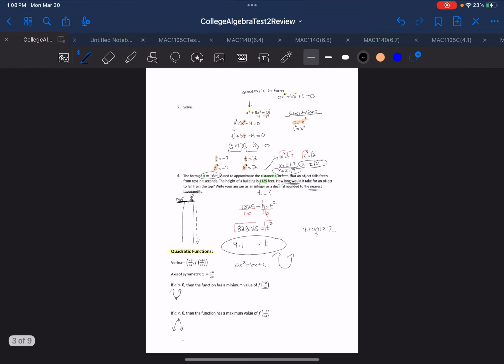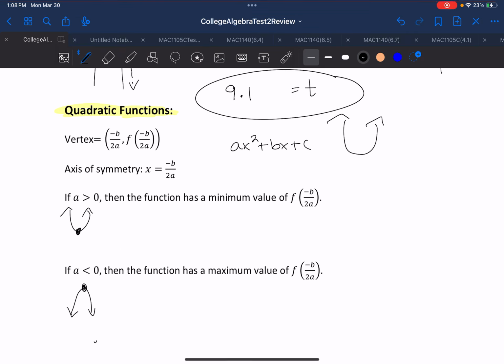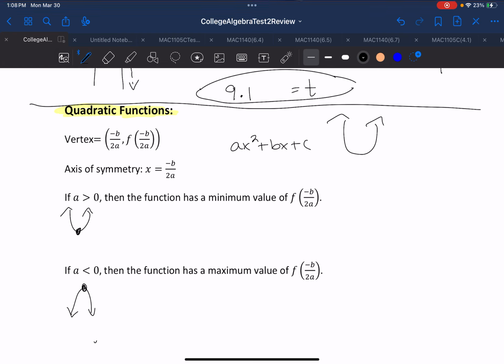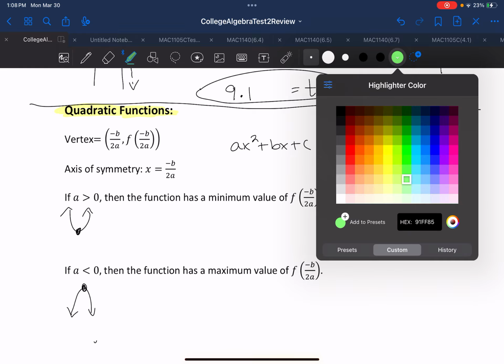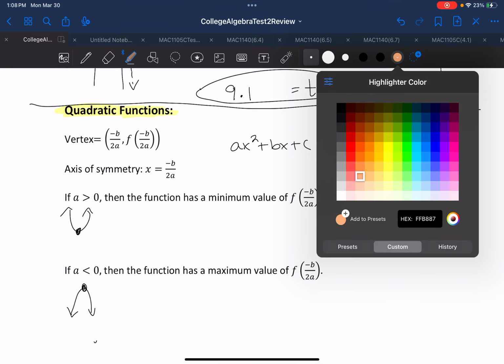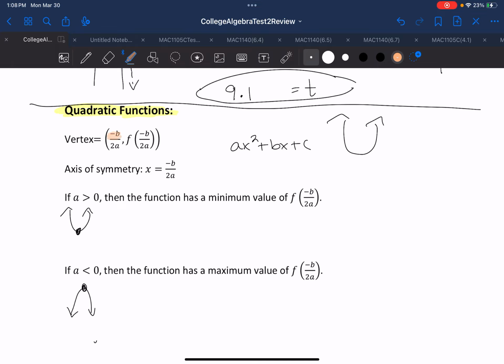Okay, but I want to back up a little bit and spend some time on these properties here. So let me erase some of this so we're not getting mixed up. Remember we learned all those properties of quadratic functions, and I gave you this form of the ordered pair to find the vertex of a parabola.